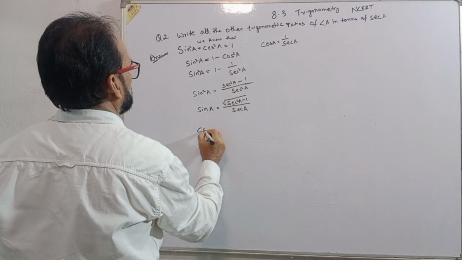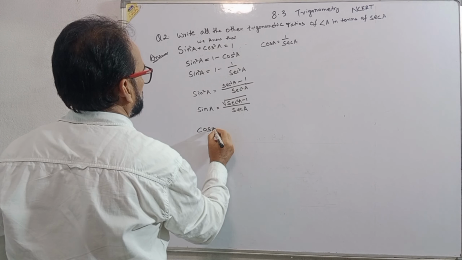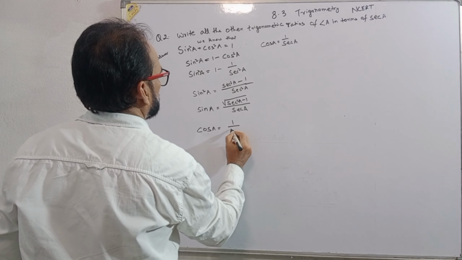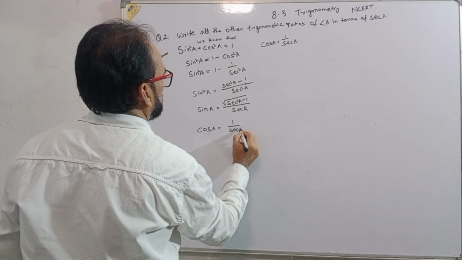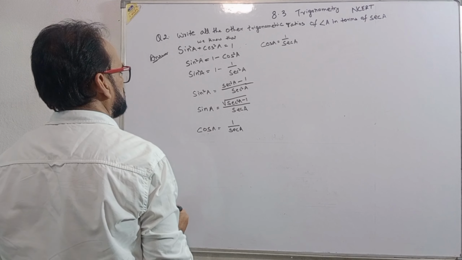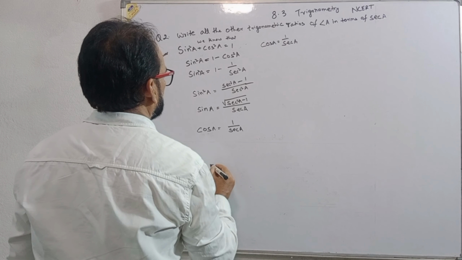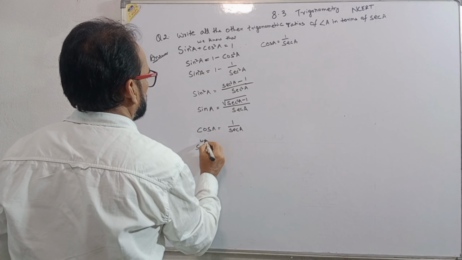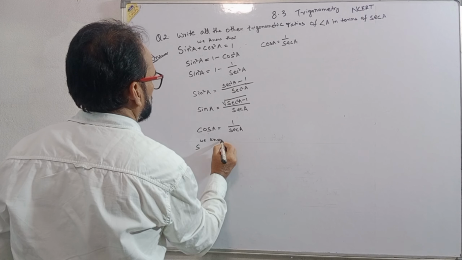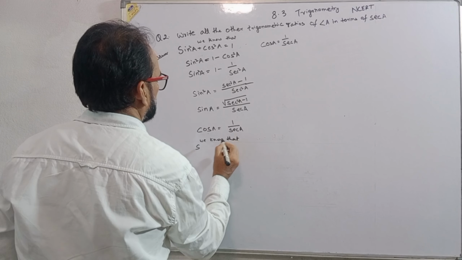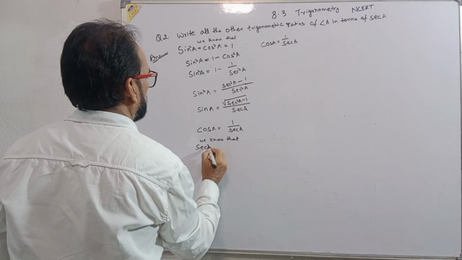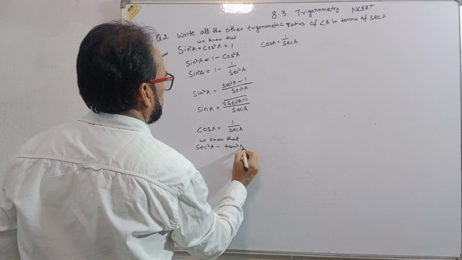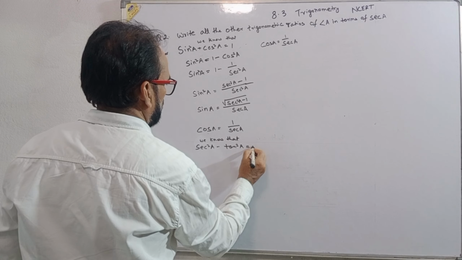Second, cos A equals 1 by sec A. Now tan A. We know that sec square A minus tan square A equals 1.